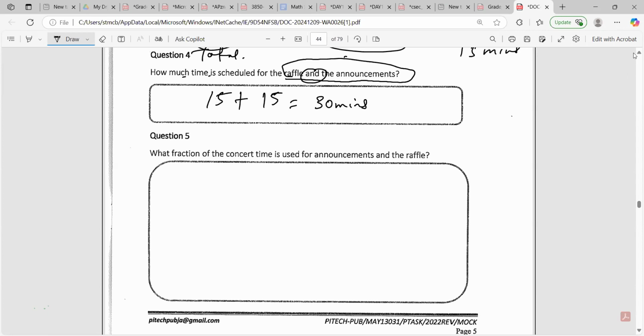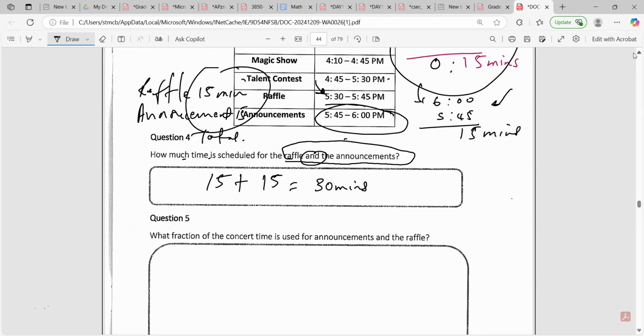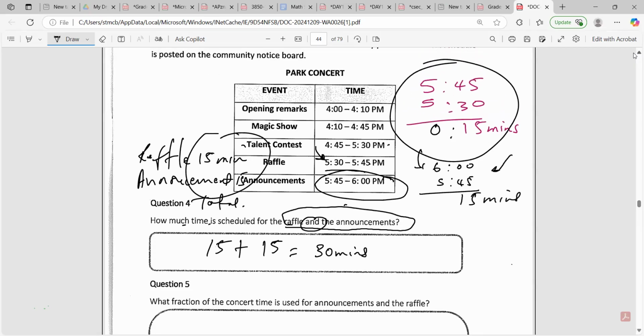Please write that down, and I'm going to go back to the table so everyone can see. Good luck, everyone. What fraction? Oh, guys, please break down the fraction to its lowest terms. Thanks. So everyone has the same answer.